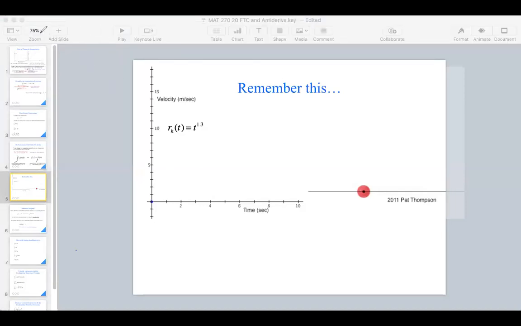Let's see. So the change in the height between t equals 2 and t equals 5. So on that interval. And then evaluate that.